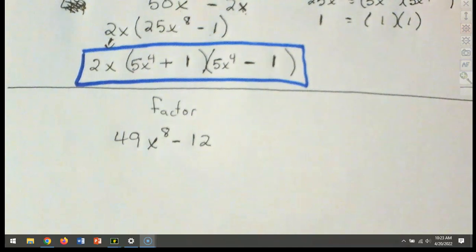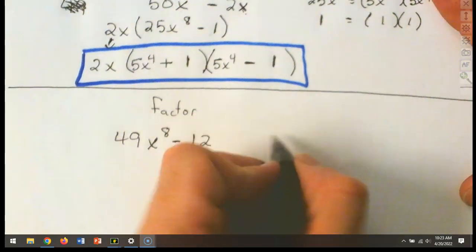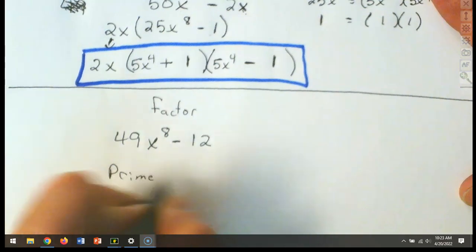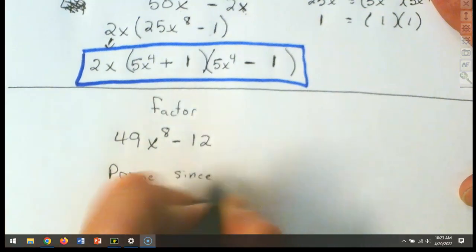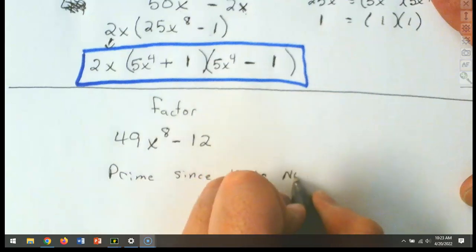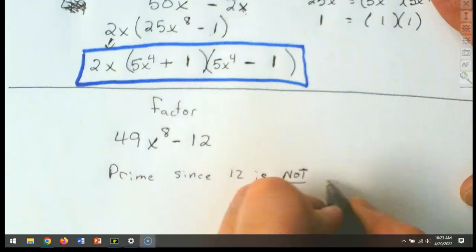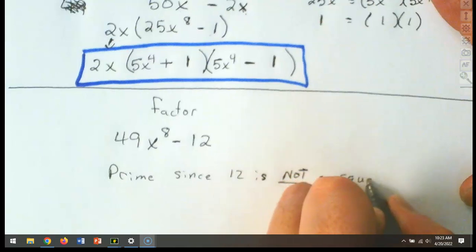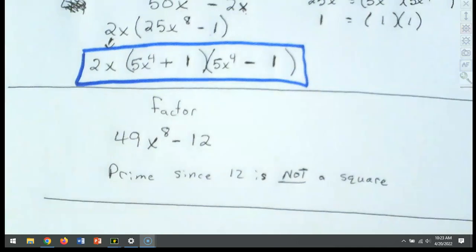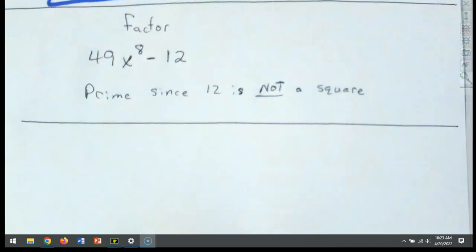And this is prime. Why is it prime again? It's prime since 12 is not a square. So it's not a square, and that's why.